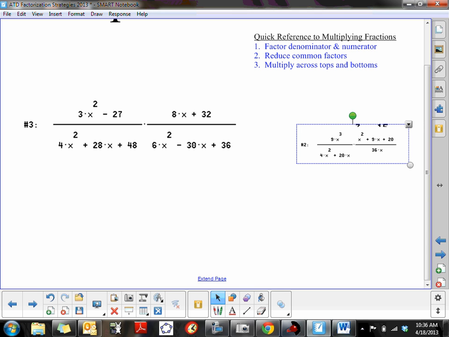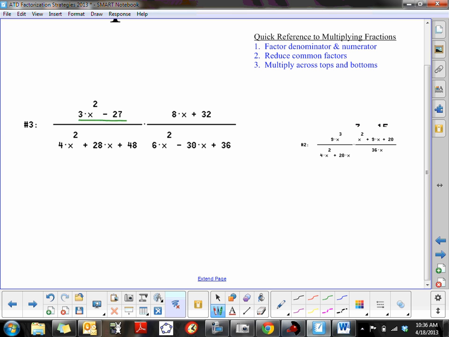Whenever we're working with fractions, what has been the theme? What's always the first step? It's going to be factoring. So let's go ahead and take that numerator in the first position. Any monomial factors? 3. 3 goes into 3 and into 27, so get it out of there. You factor out your 3.